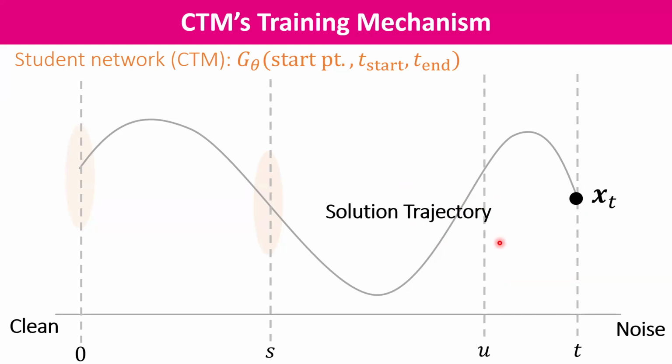Okay, thank you. My other question is: if we fix u to 0 and t to capital T, then we just reduce to the previous distillation method, where they generate a bunch of pairs and then try to predict the solution, right?